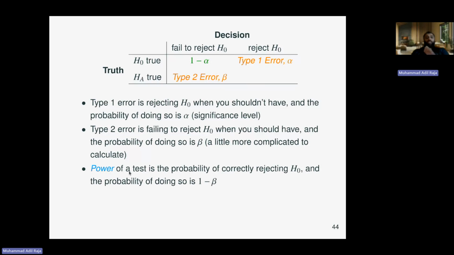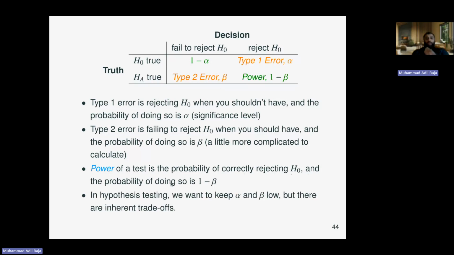So the power of a test is the probability of correctly rejecting H0, and the probability of doing so is 1 minus beta. Okay, so this is the power of a test: H0 is in fact false, it's not true, and we also reject it.